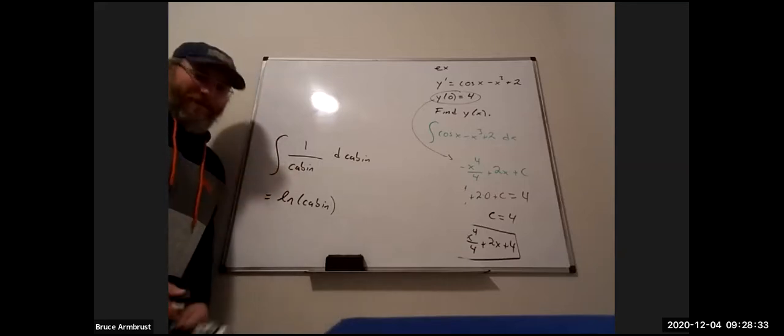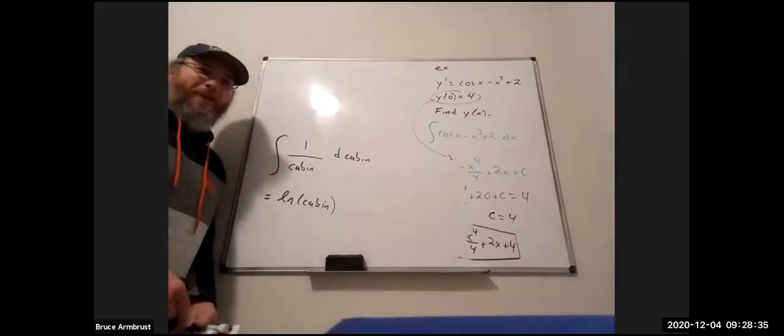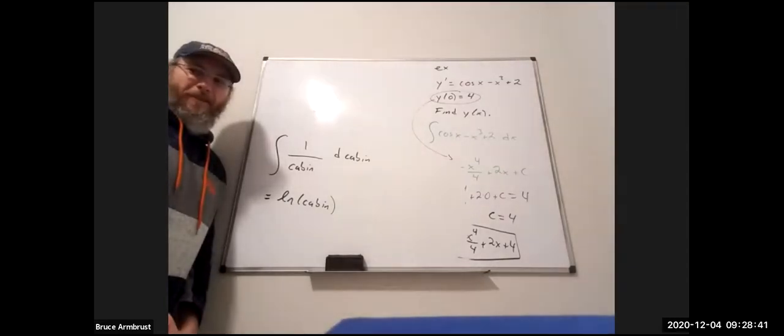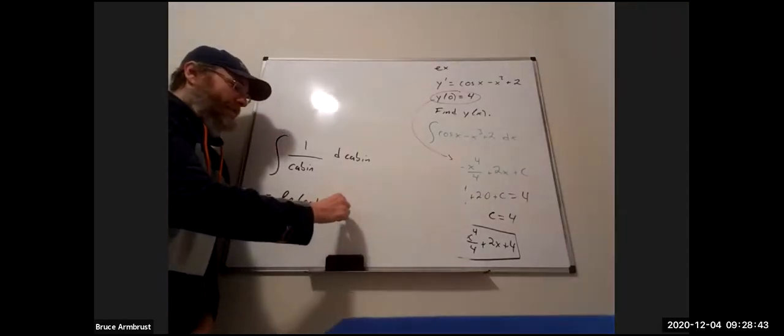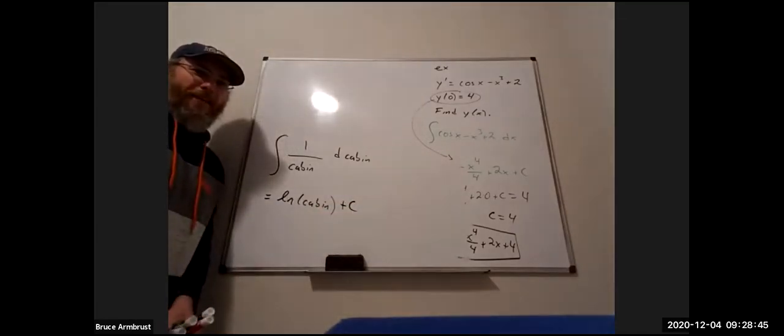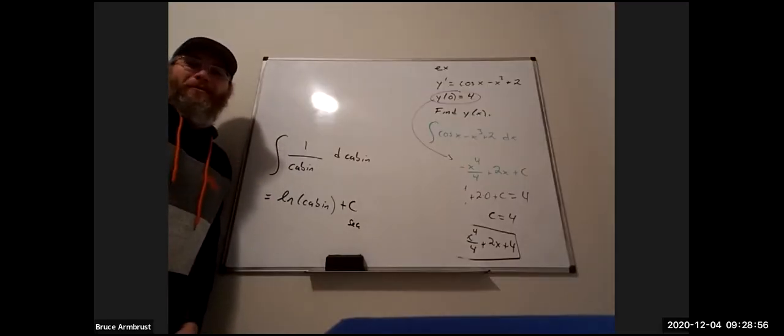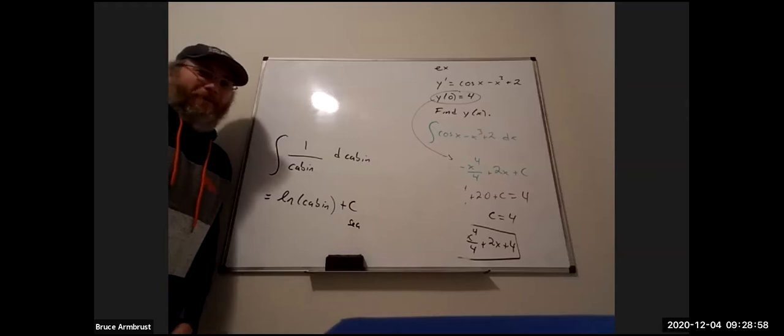But actually, that's not even the punchline. Because what do you get when you integrate 1 over cabin d cabin? You get a houseboat. Because you forgot to add the C. Oh my God. Get it? C. Okay, it's a terribly bad joke. But yeah, so what do you get when you integrate 1 over cabin d cabin? You get a houseboat.